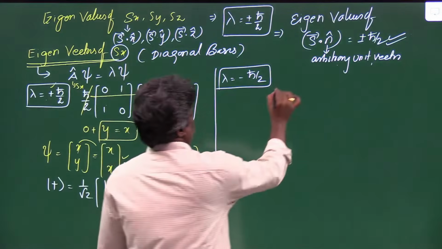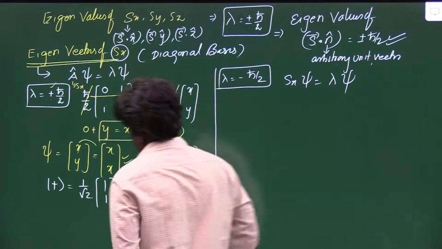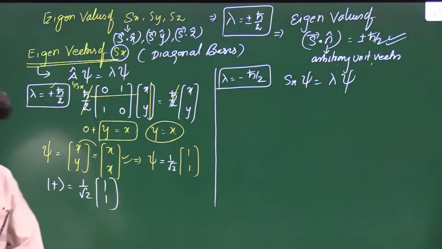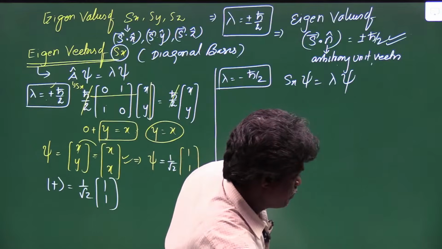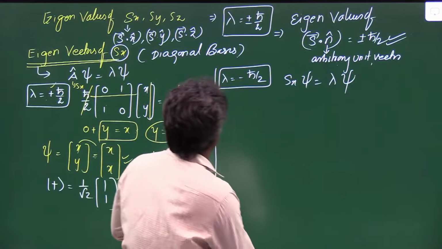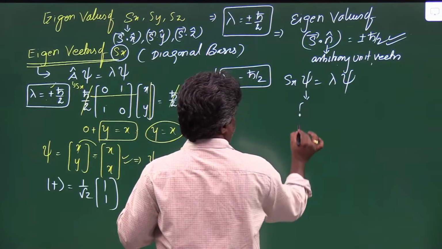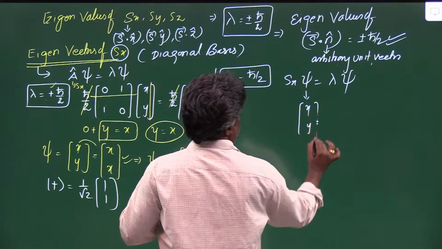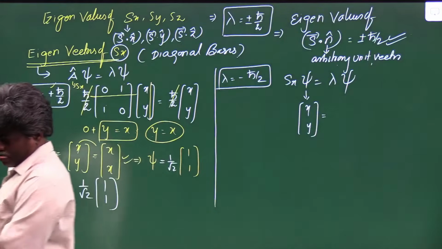Yes, proceed. Sx psi equals lambda psi. So psi here is Sx, sir? No, a is Sx. Psi we don't know. Let it be xy, finding psi. Okay, Sx psi is equal to lambda psi.